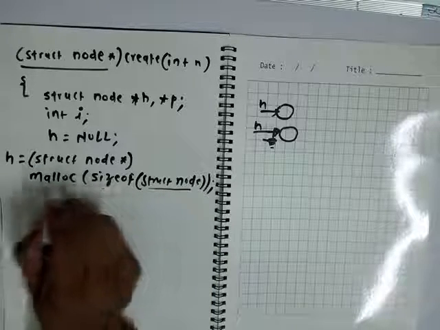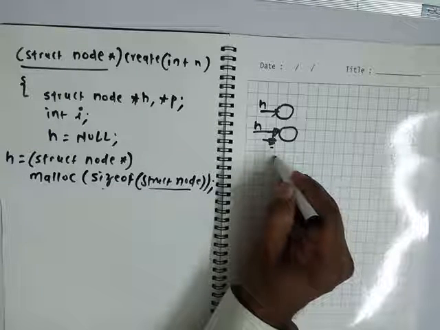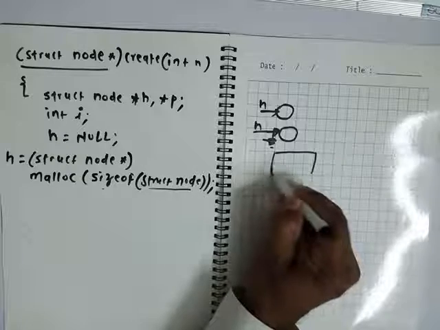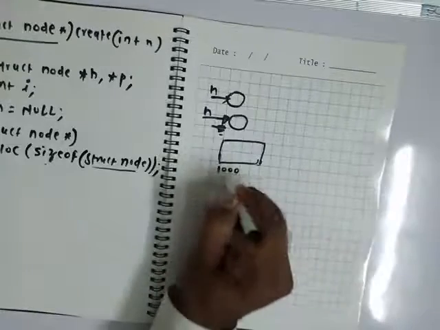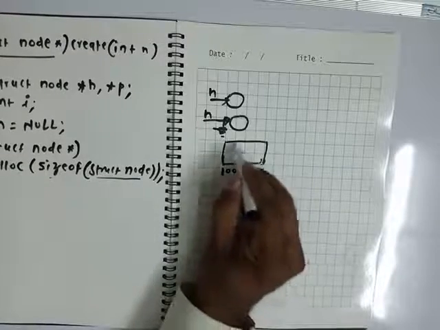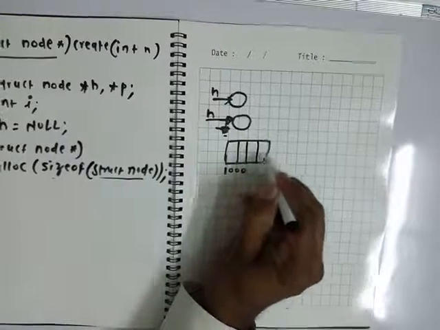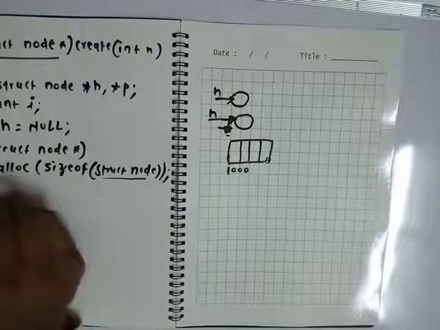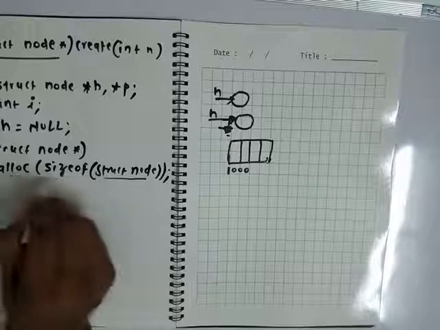So this malloc will allocate 4 bytes of memory. A block of 4 bytes will be reserved for you, for example, let's say at location 1000. So see here, a block of 4 bytes, let's say this is byte 1, 2, 3, 4. Malloc of 4 becomes malloc 4.